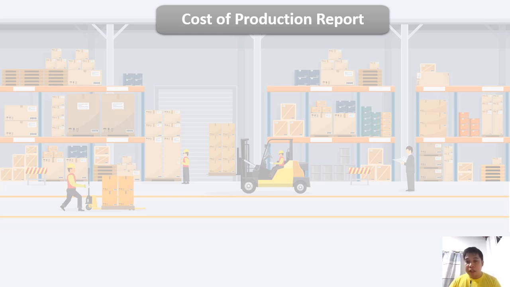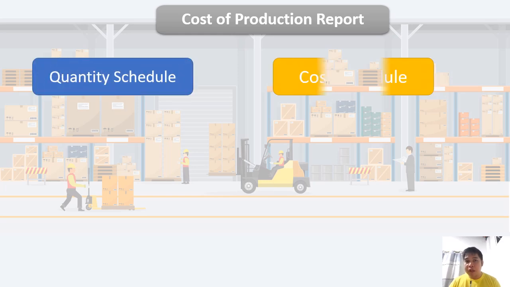So there are actually 4 major components of the cost of production report. But first we have 2 major components, and per component there are two portions again. The 2 major components, namely, are the quantity schedule and the cost schedule.